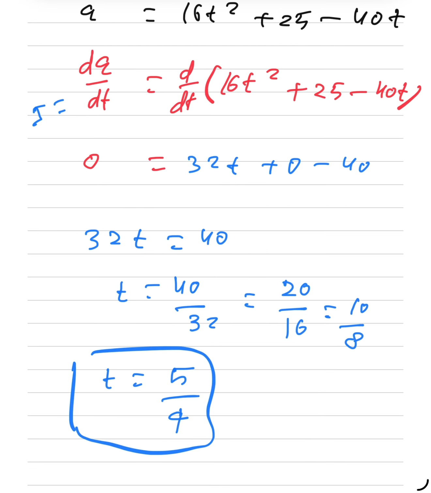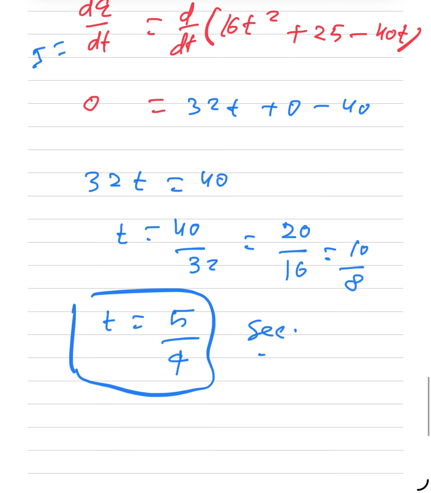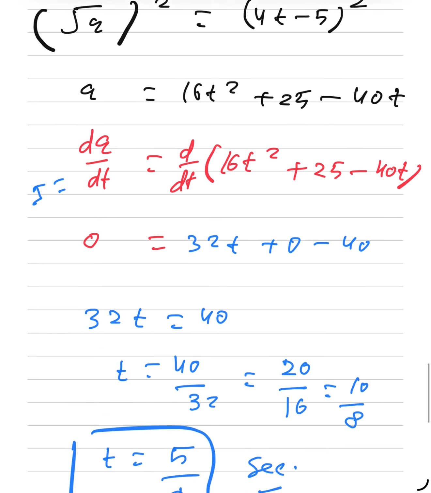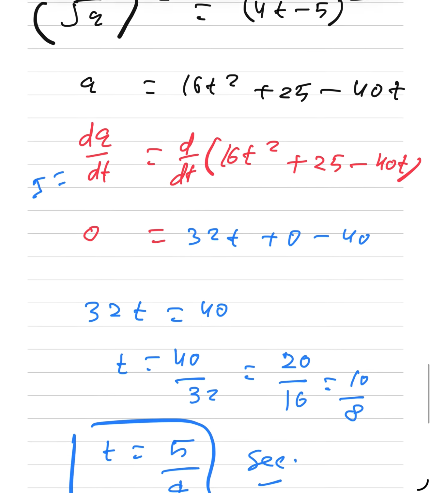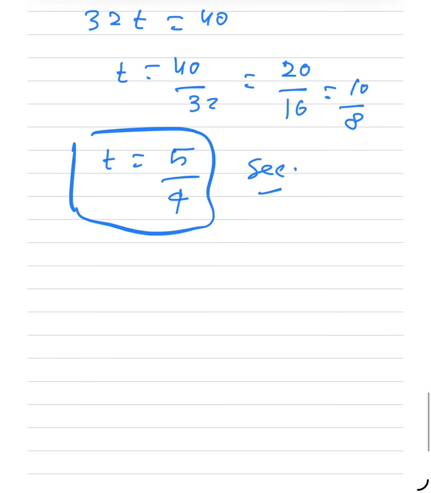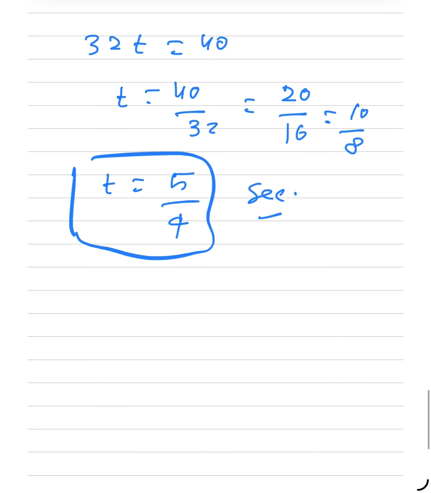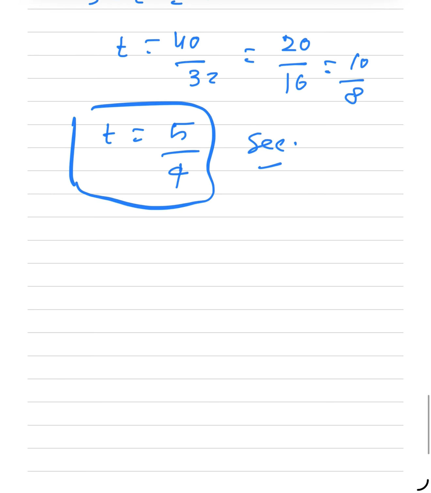Just after this time the current becomes equal to 0 in the circuit, right. This is a best example related to electric current.